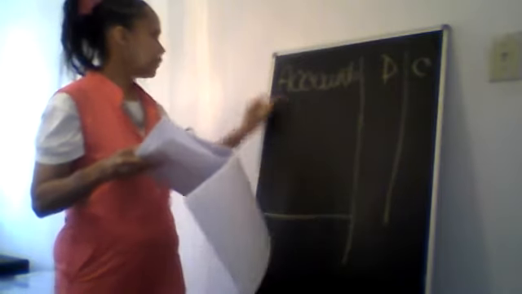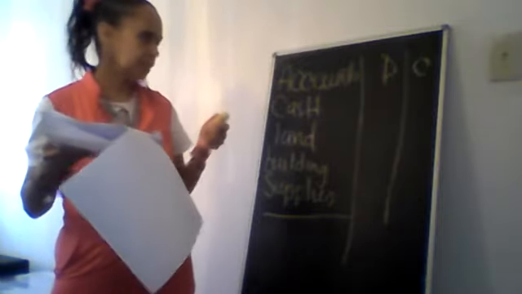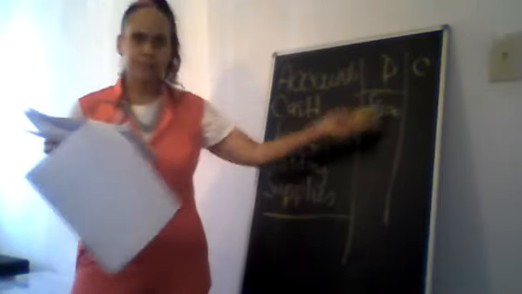So in other words, we have a cash account, we have a land account, we might have a building, cash, land, buildings, supplies. And then say for instance, your business started out with cash of $50,000. So cash, $50,000, debit.